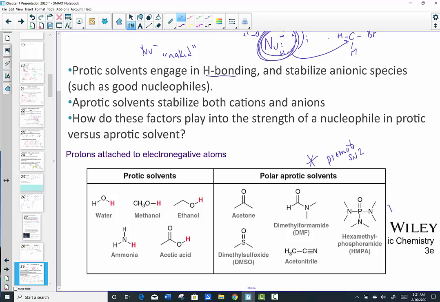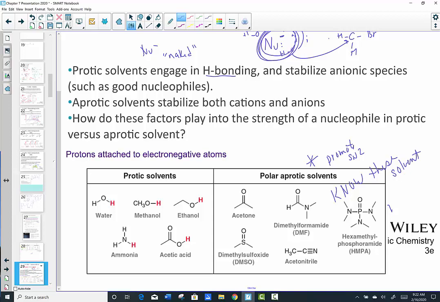And the collision, even for E2 for extracting the beta hydrogen: acetone, DMSO, which is dimethyl sulfoxide, acetonitrile, dimethylformamide, DMF, hexamethylphosphoramide, HMPA. I would say know these solvents.